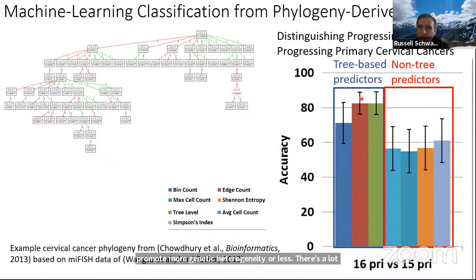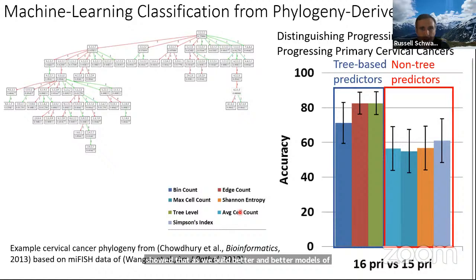There's a lot of information in that that lets us make accurate predictors of which tumors go on to metastasize and which don't. And I'm not going to go into many years of work that followed up on that, but it basically showed that as we build better and better models of tumor evolution, these predictors become more and more powerful.